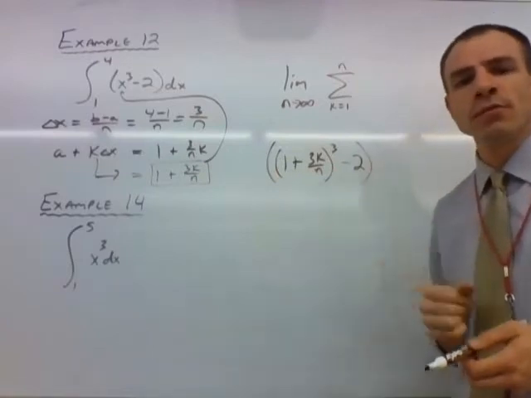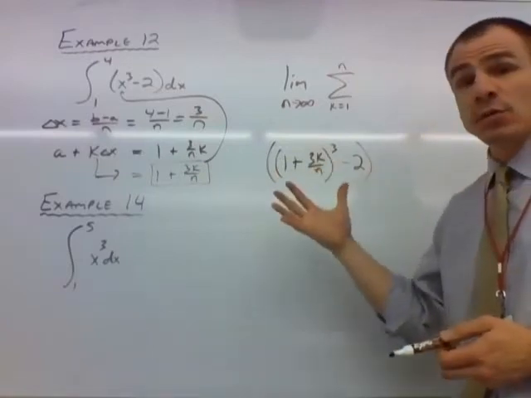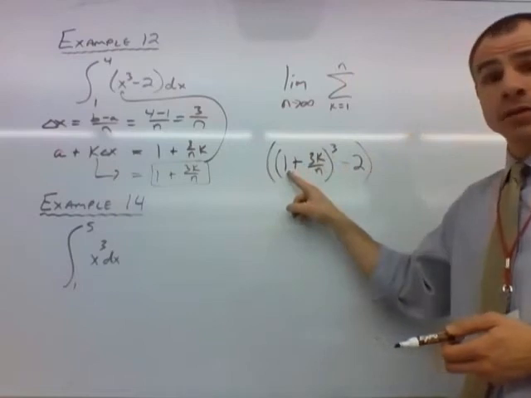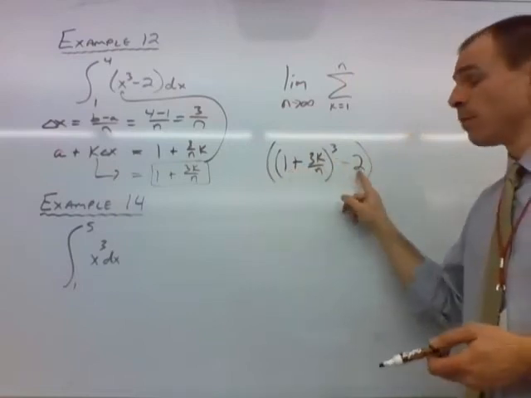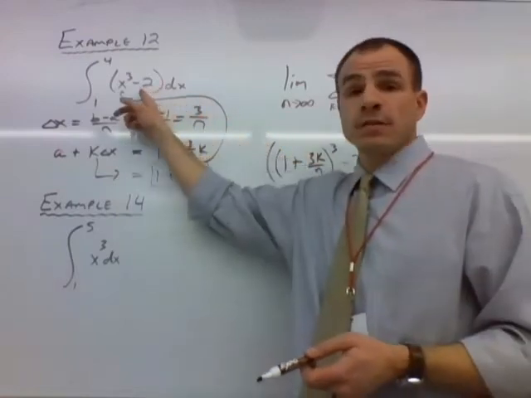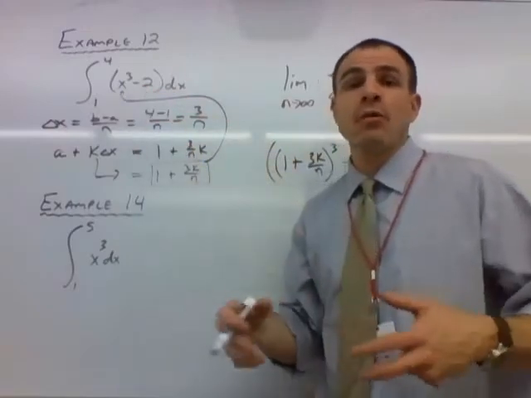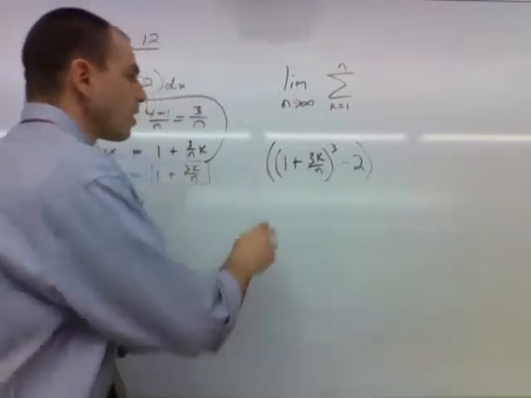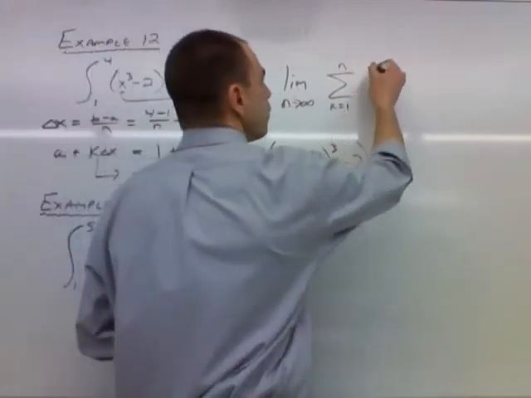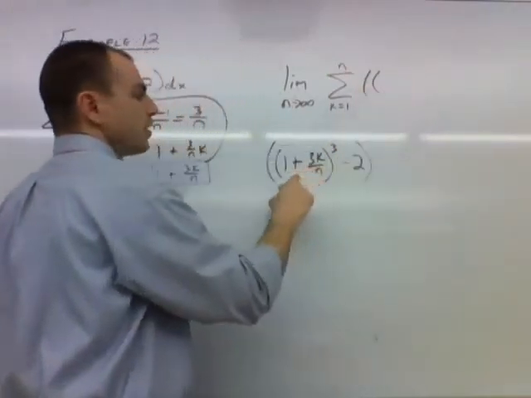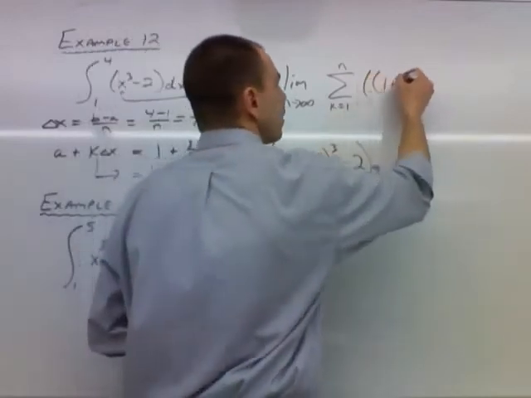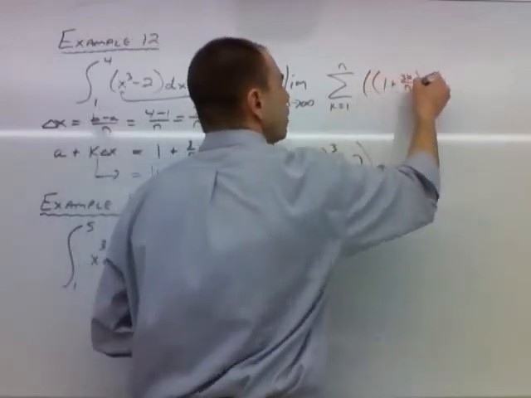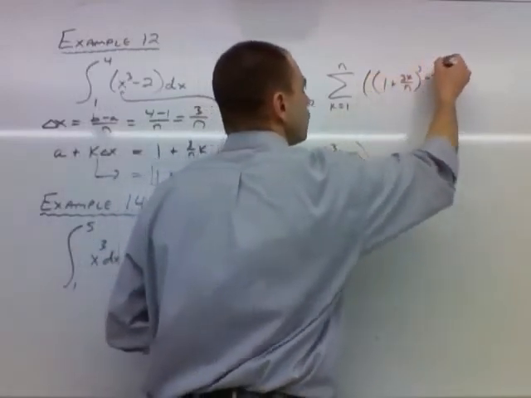Those parentheses are important because they distinguish our a value, which is 1, from the minus 2 that's in the function. So when in doubt, put in parentheses as you're writing your Riemann sum here. So we've got our f of a plus k delta x, so that's 1 plus 3k over n, all cubed, minus 2.